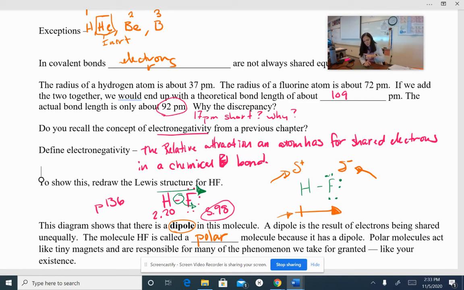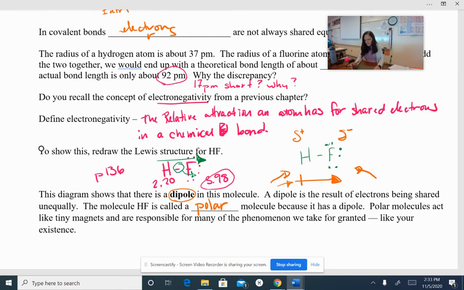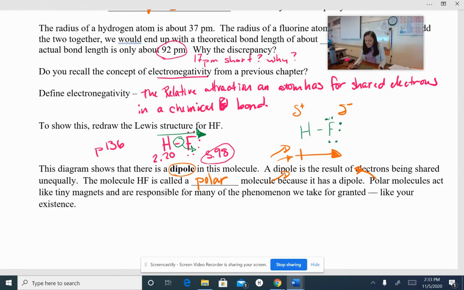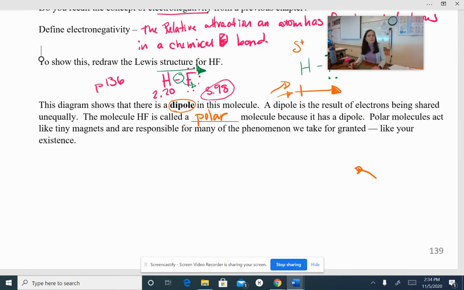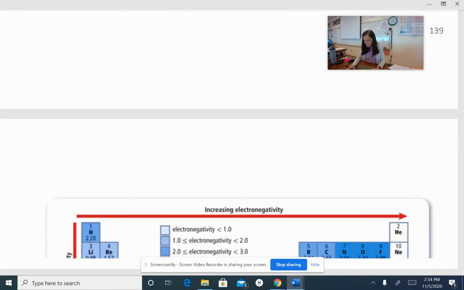Polar molecules act like tiny magnets, and they are responsible for many of the phenomena that we take for granted, like your life, for example. Honestly, life would not work without water, and the reason that water works the way it does is because it's polar. So, yeah, polarity equals life.